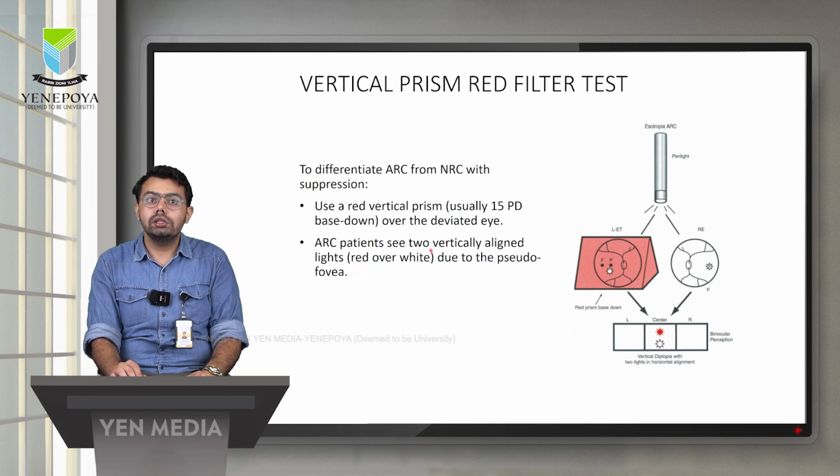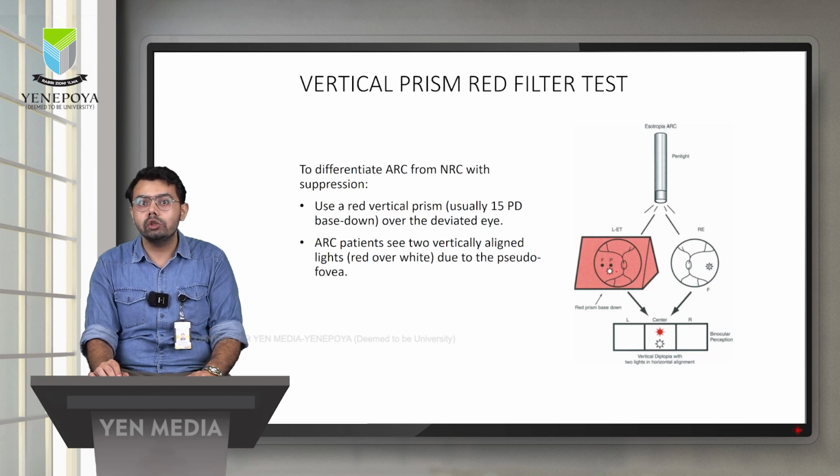An ARC patient sees two vertically aligned lights due to pseudofovea. So here, if we keep a prism in front of the left eye and shine a torch, the right eye is normal, so the right eye image will be perceived as a white light. But since the image in the left eye is falling on the pseudofovea, that image also will be perceived by the patient, and it will come as a red light.